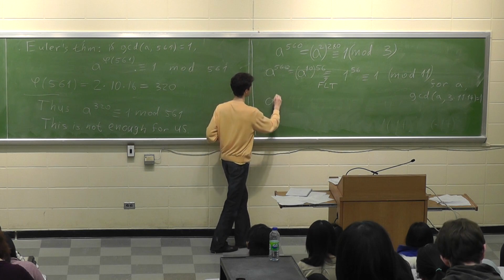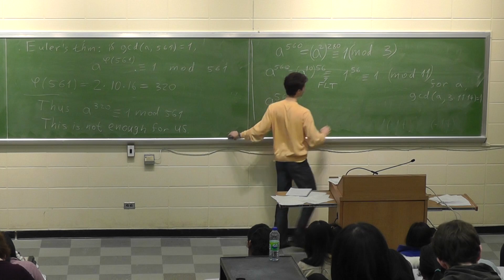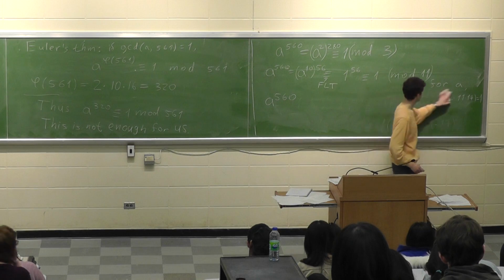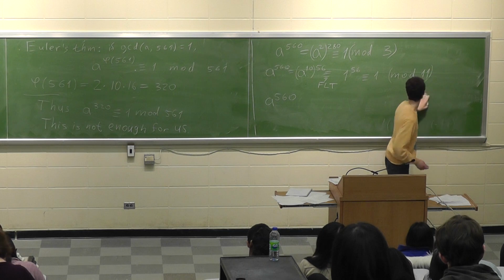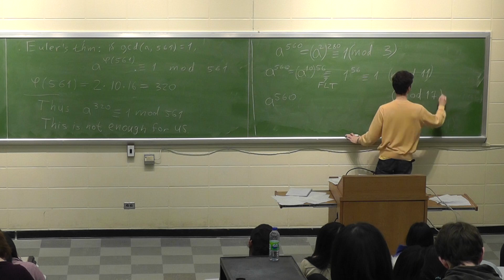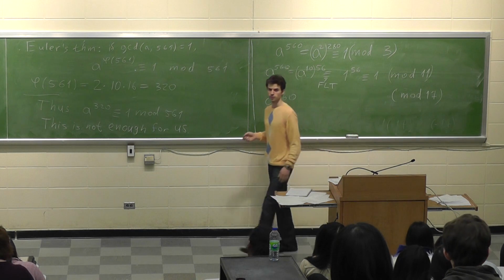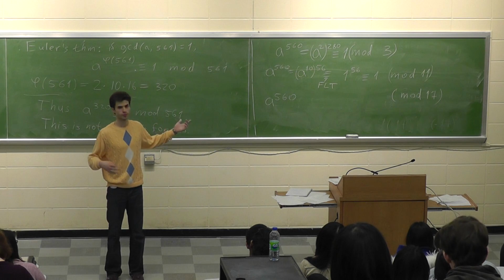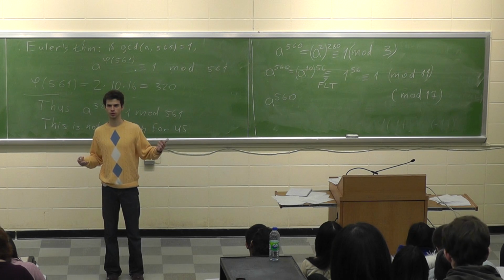And finally, I want to conclude that it is also 1 modulo 17. Or rather, compute what it is modulo 17. Well, once again, by Fermat's little theorem, I know that a to the power 16 is congruent to 1.